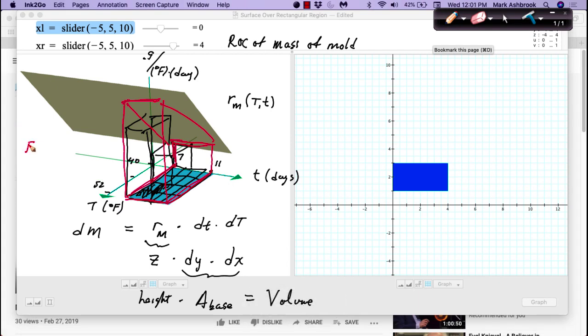So find the volume if the function is x plus 1. And I think I said that x is from 0 to 4. Was it 1 to 3? Thank you. So there's the red. You're focusing on the red. That's your task. Find the volume of the red solid if that function is x plus 1, and x is going from 0 to 4, and y is going from 1 to 3.